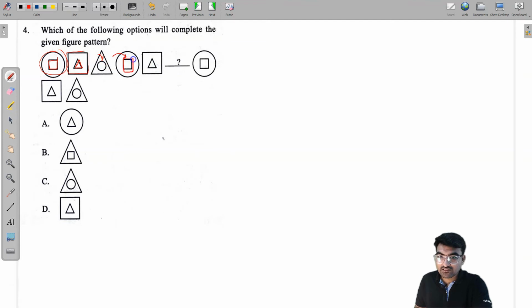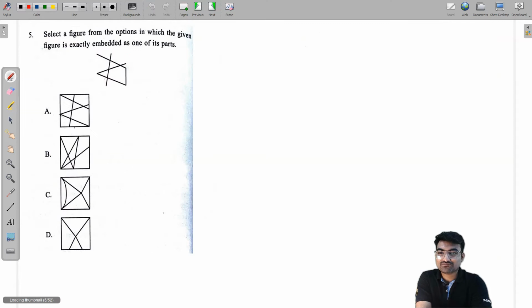See, whatever is in the center, next time it comes outside, and next figure, see, the pattern is circle, then square, then triangle, right? And it goes on like this. So after a square, so triangle will be the outside and this circle will be inside, so triangle and circle, option number C, correct? Let's move on to the next question.